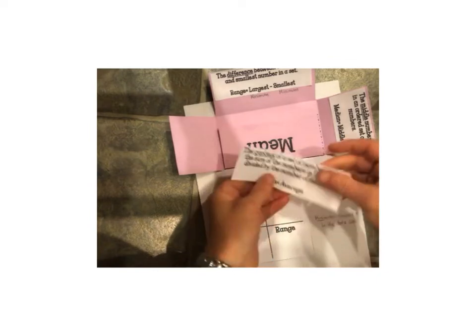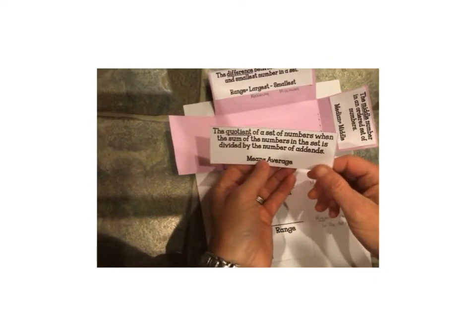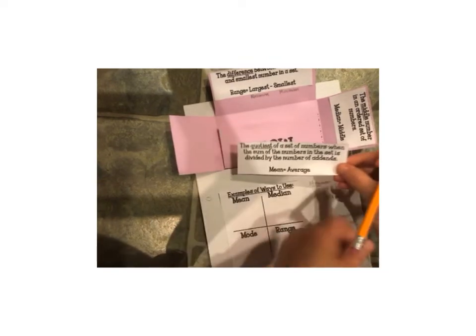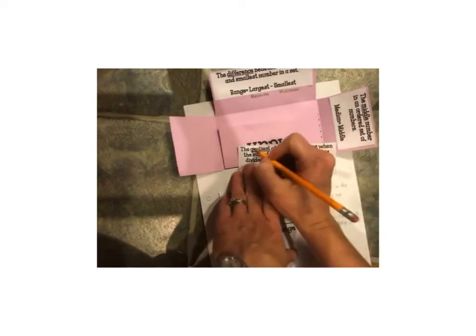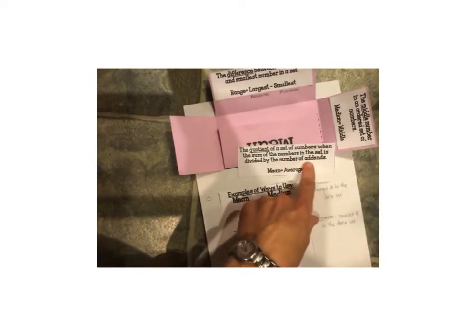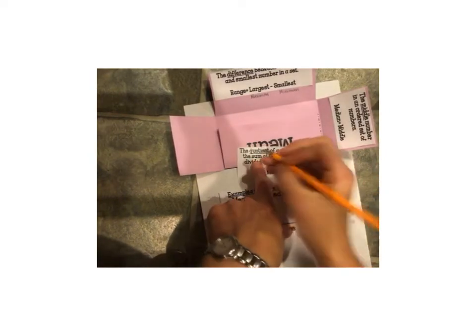Let's talk about the mean. This definition is a little tricky. The quotient of a set of numbers when the sum of the numbers in the set is divided by the number of addends. The mean is called the average. So quotient means to divide. Addends, or sum, is when we add.